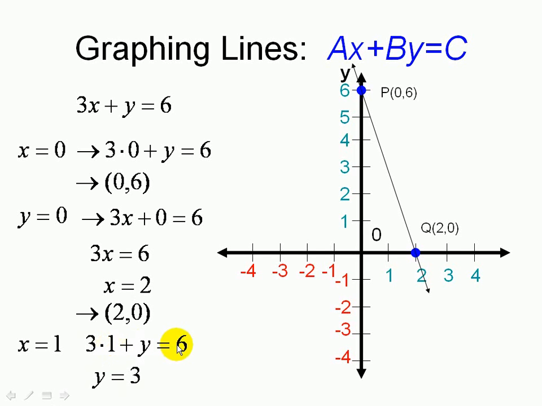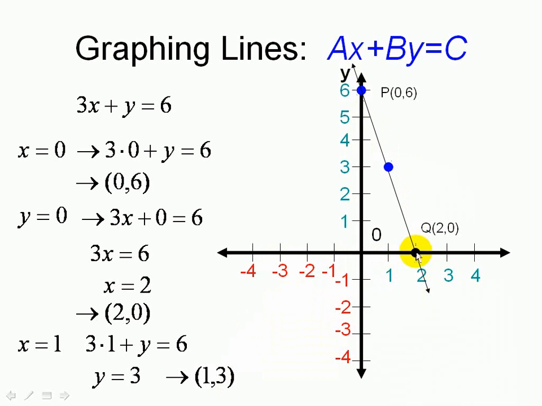Now we check to see if that fits in the graph. 1, 3. So 1 and 3. And we see that it visually looks like it's correct. So we can say that we graphed the line properly through these 3 points. But it only takes 2 points to determine a line.